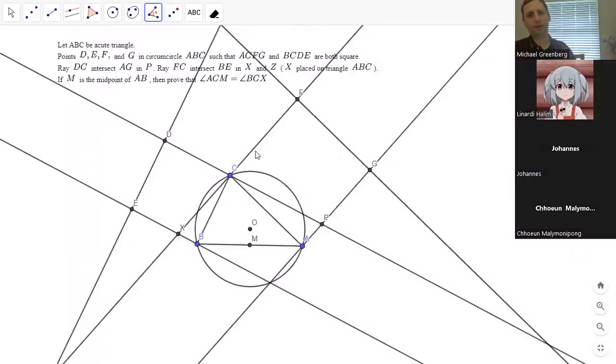ACFG and BCDE are squares, DC intersects AG at P, FC intersects BE at X, ACM equals BCX. Yeah, I'm still a little confused.